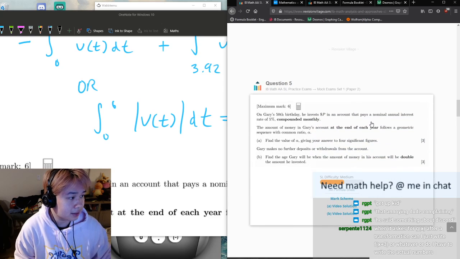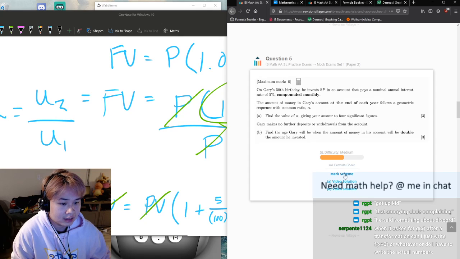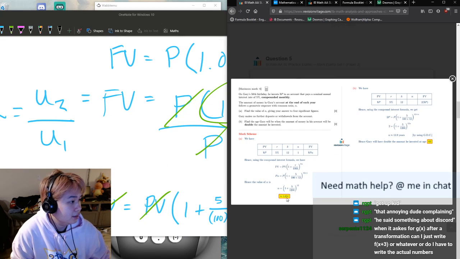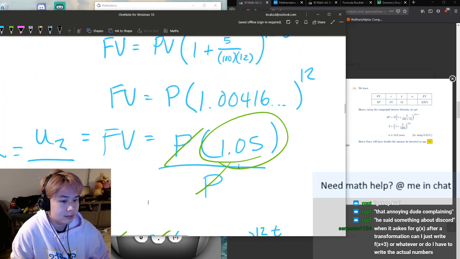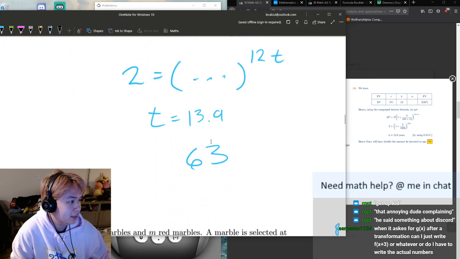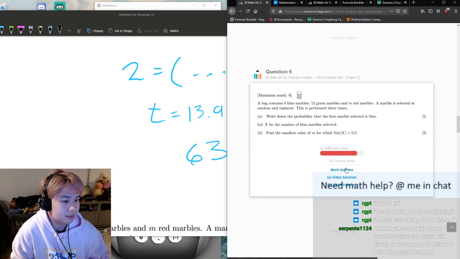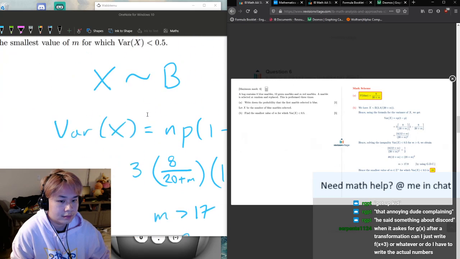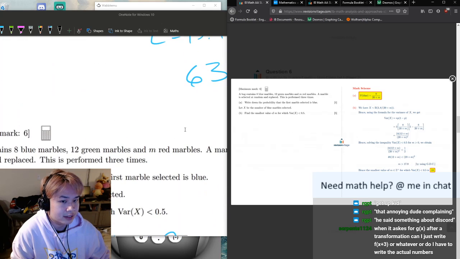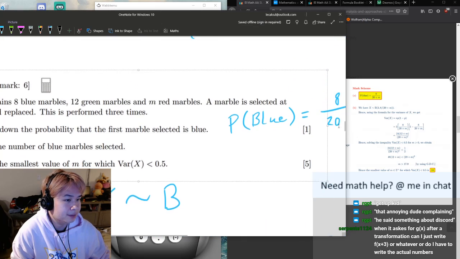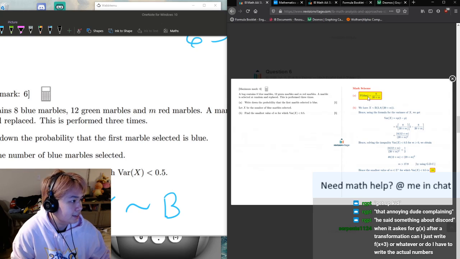And then I'll get to your question, Serpent, after I quickly finish all of this. Okay, 1.051. I have 1.05, same thing. And then 63, so that's good. 18, and then, oh yeah, there was PB of blue, which is over here. 8 over 20 plus m.